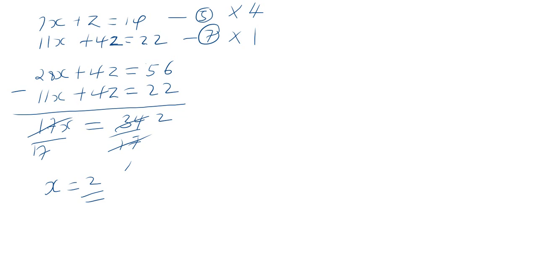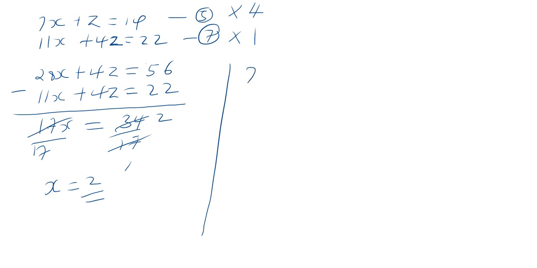Remember our original equations in this case that we have used to solve x are 5 and 7. So we return x in one of these equations to get z. So let me use our equation 5. So in our equation 5, we substitute x is equals to 2.